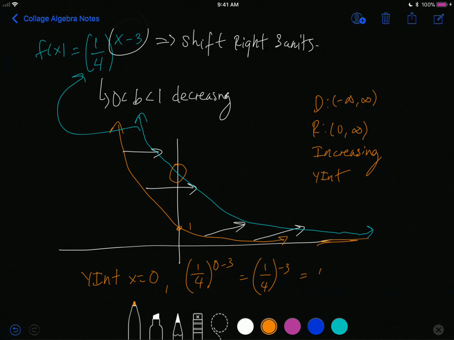And so this is just 4 raised to the 3rd power. 4 times 4 is 16. 16 times 4 is 64. So this new point up here is (0, 64). So your y-intercept is (0, 64). Right here you have to plug in 0.